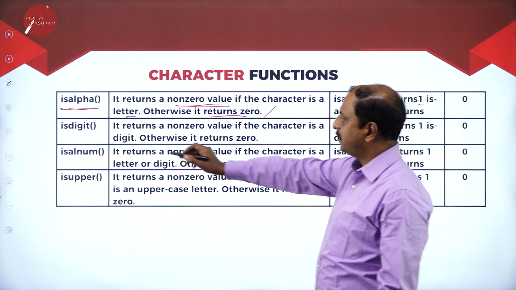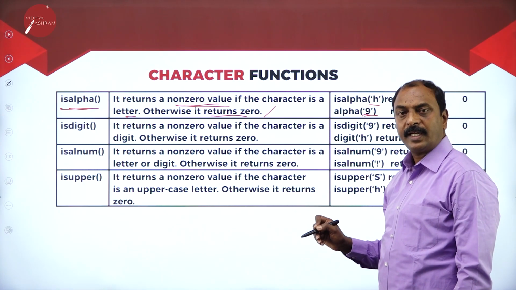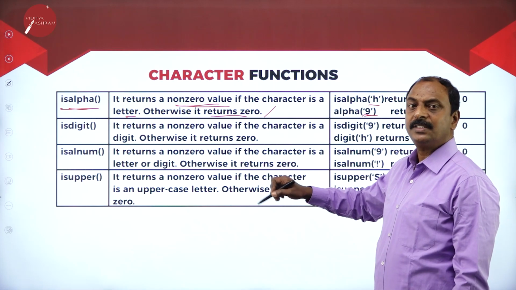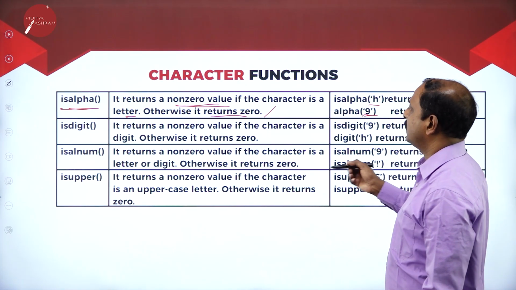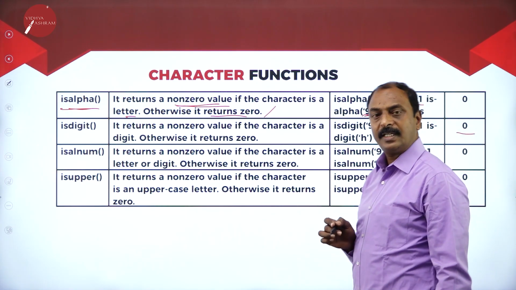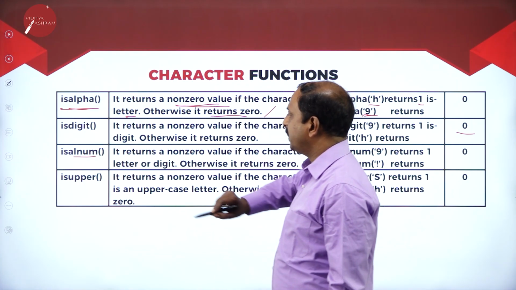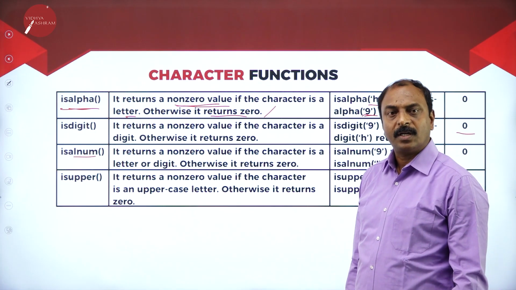Similarly, we have isdigit, and it checks whether the input character is a digit or not. If it is a digit, it returns a non-zero value or 1, and if it is not a digit, it returns 0 as the result. Similarly, isalnum checks whether an input character is alphanumeric or not.